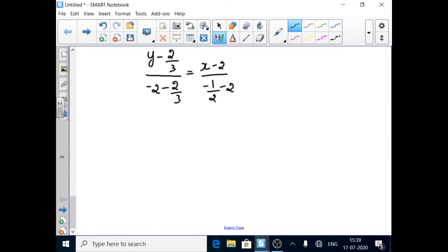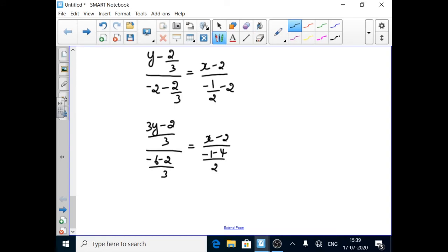So here find the LCM of the numerator on the left hand side. So 3y minus 2 by 3 divided by minus 6 minus 2 by 3 is equal to here x minus 2 by minus 1 minus 4 by 2.